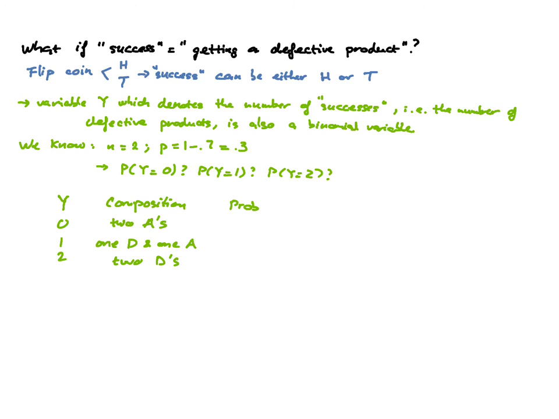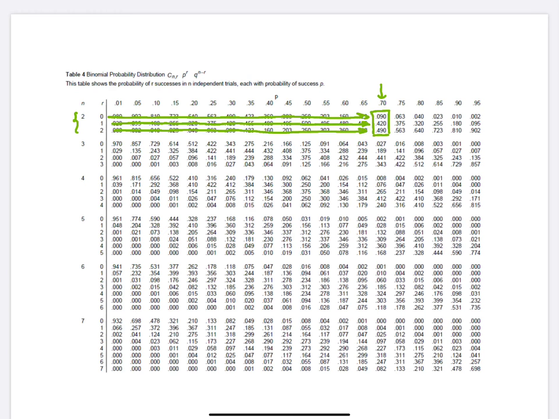So now to find probabilities, let's use the table again. So when you go to the table, you still want to look at the part of the table where n is equal to 2. But now you want to look at column 0.3, right?